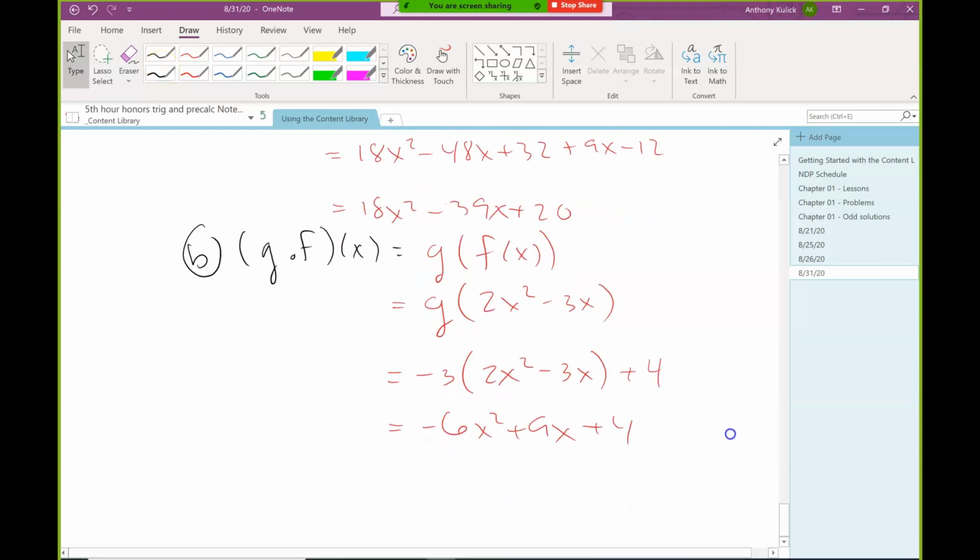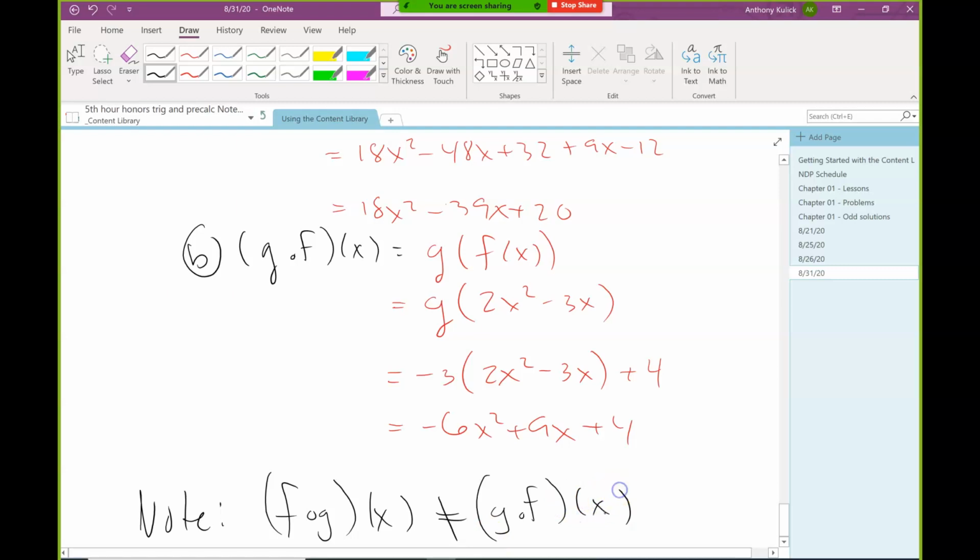But there is an important takeaway right here. What do you notice from these two examples? Notice that they did not give us the same result, right?